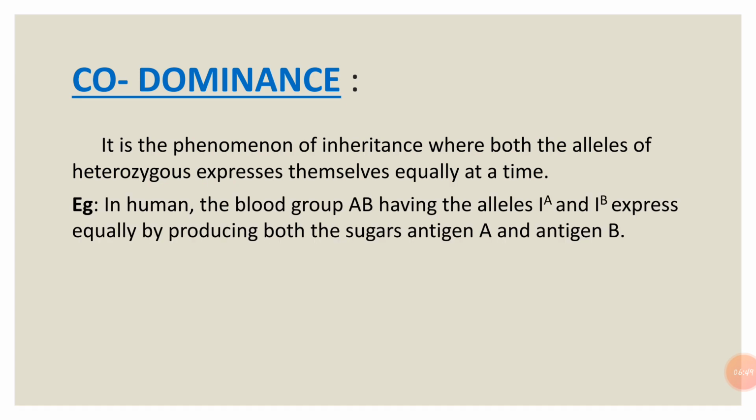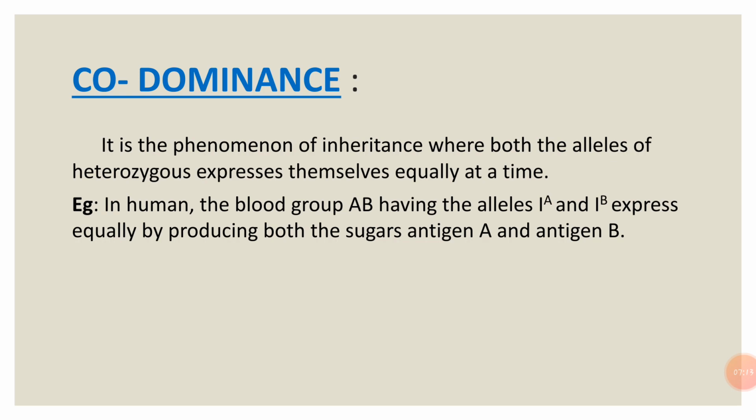The best example for codominance is the human blood group. In humans, the persons having blood group AB have the alleles IA and IB, which express equally by producing both the sugars, that is antigen A and antigen B. So this is codominance, means both the alleles express the character.